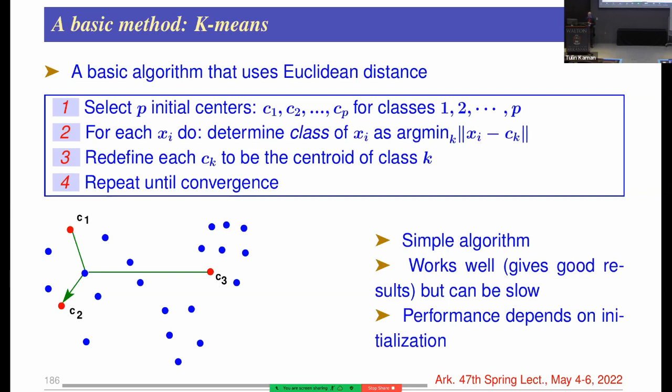So initially you select those p centroids somewhat arbitrarily. Okay, actually it's not entirely arbitrary, but let's suppose you select them totally arbitrarily. And for each point, you determine the centroid that's closest to it. Okay, and then you assign that point to that class, the cluster related to the centroid that's closest to it.